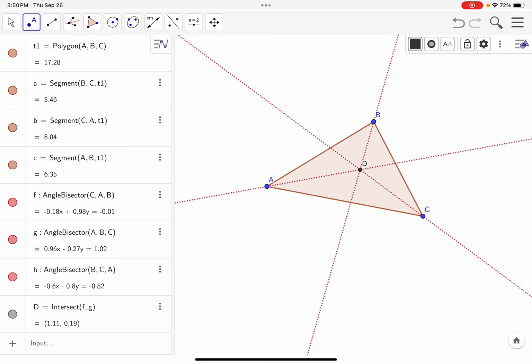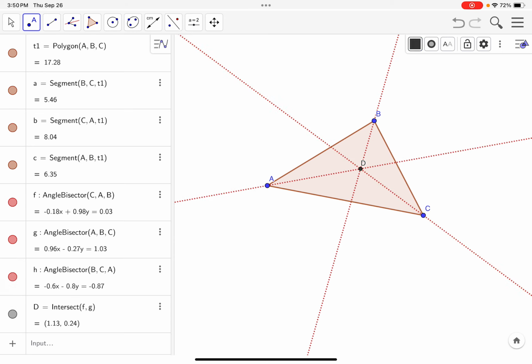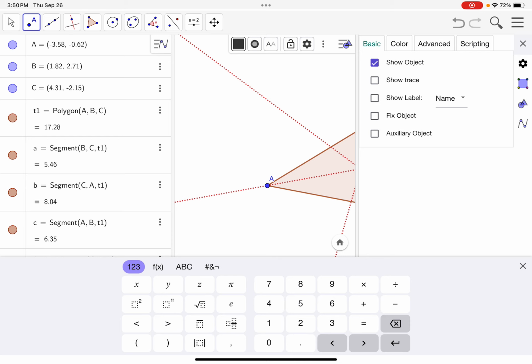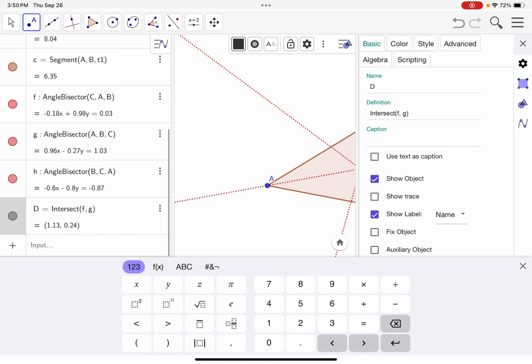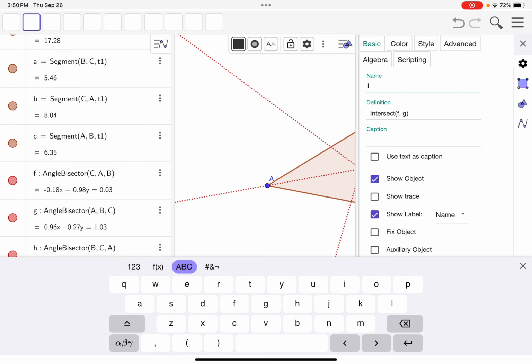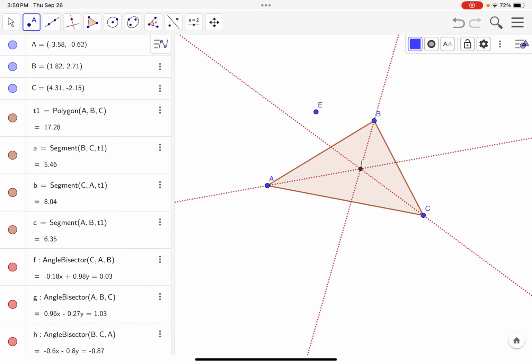They meet at a point we usually call I. I'll rename it. Okay, so there's our point I.